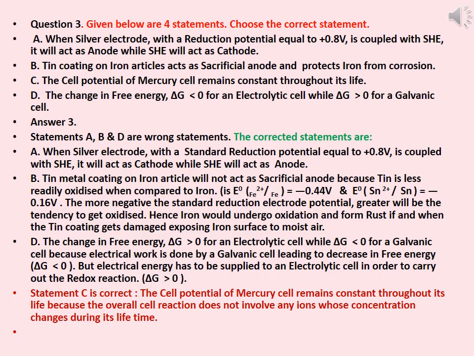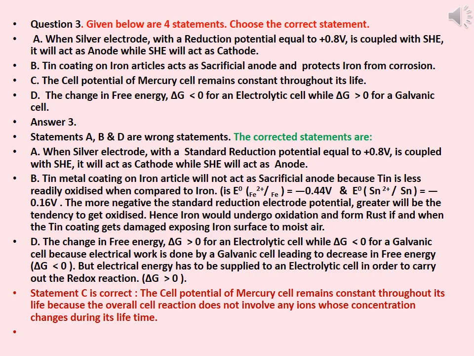Because the standard reduction electrode potential value of tin, E0 Sn2+/Sn, is minus 0.14 volt, which is higher than that of iron, Fe2+/Fe. In other words, the more negative reduction potential value is that of iron, Fe2+/Fe.